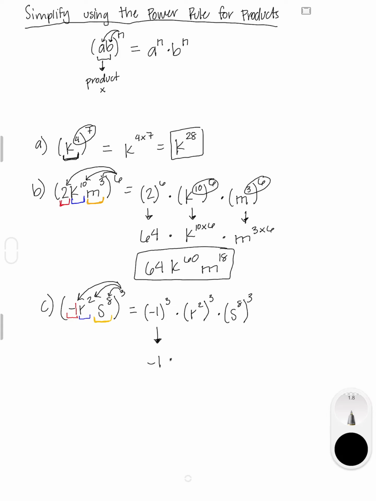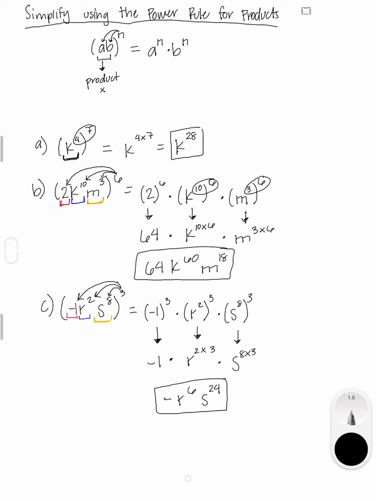And then times r to the 2 times 3, and then times s to the 8 times 3. So this will become negative r to the 6 s to the 24. And that is our simplified answer.